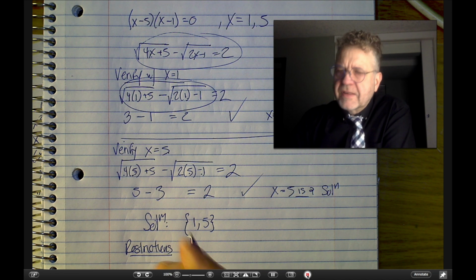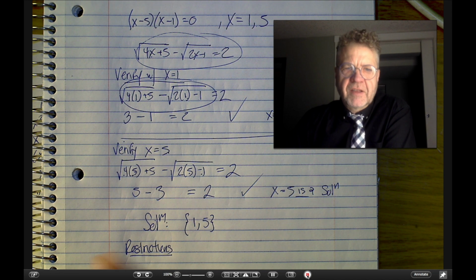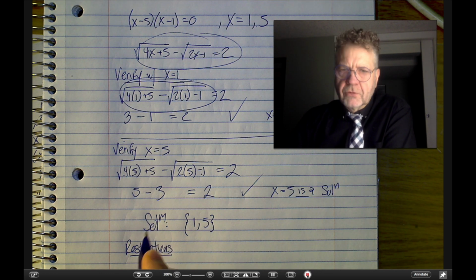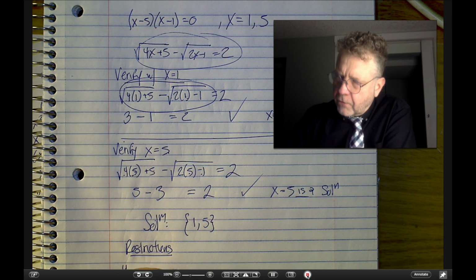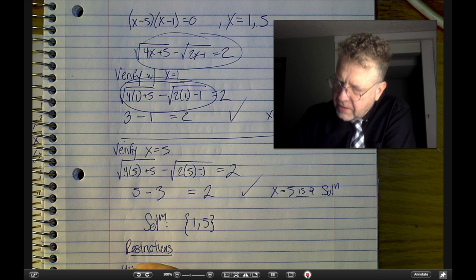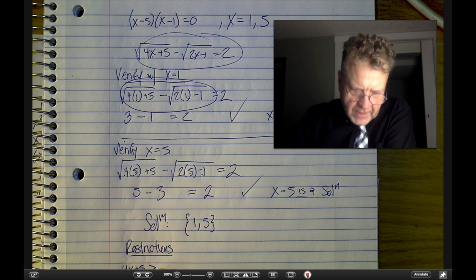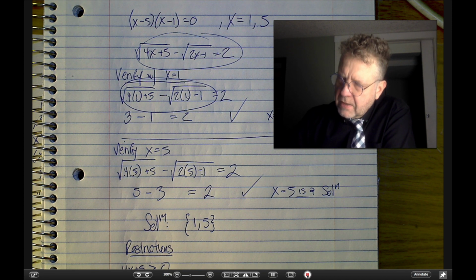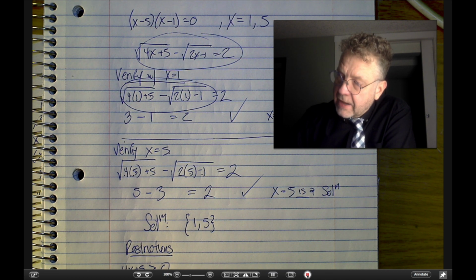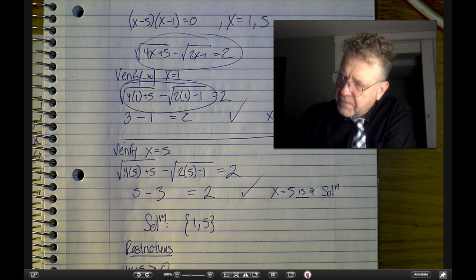Well, the radicand, the stuff inside the radical sign, cannot be a negative number. So 4x plus 5 must be greater than or equal to 0. In other words, 4x must be greater than or equal to negative 5, and x must be greater than or equal to negative 5/4.